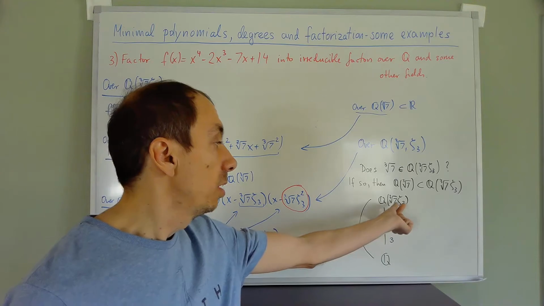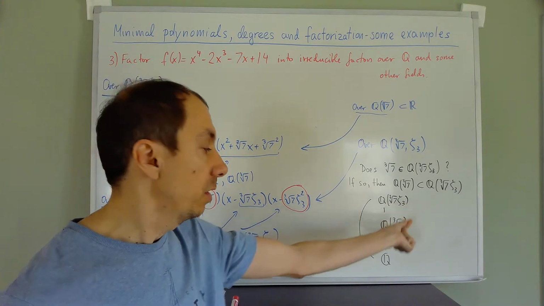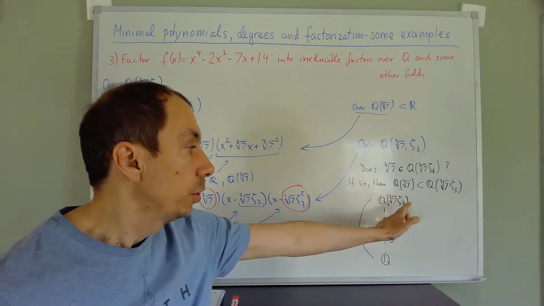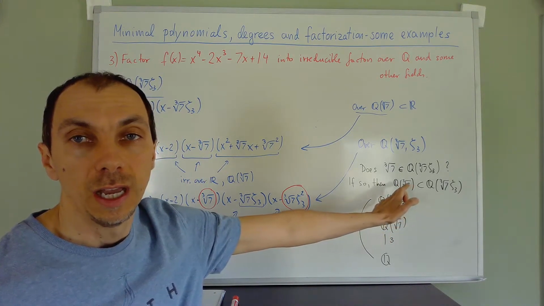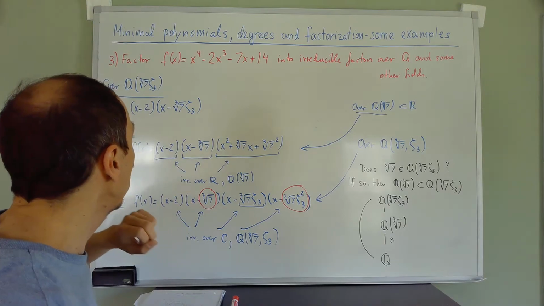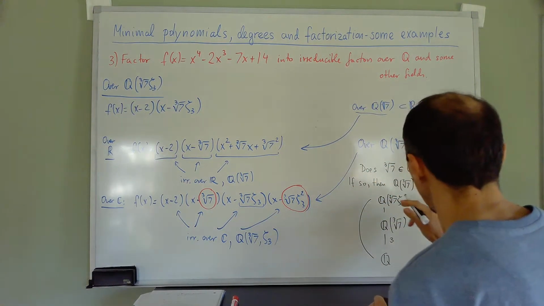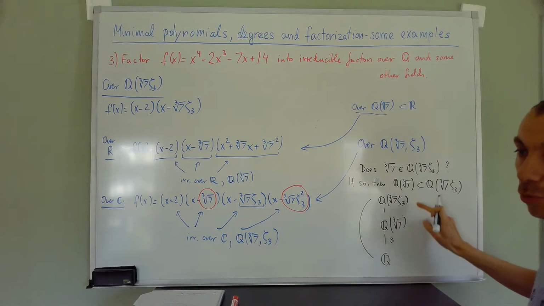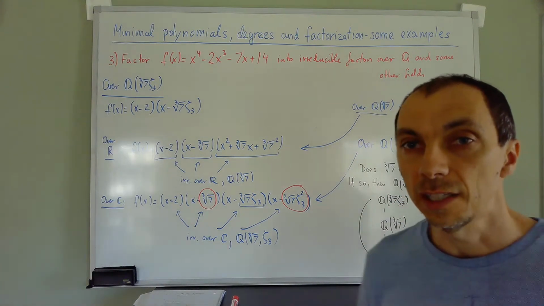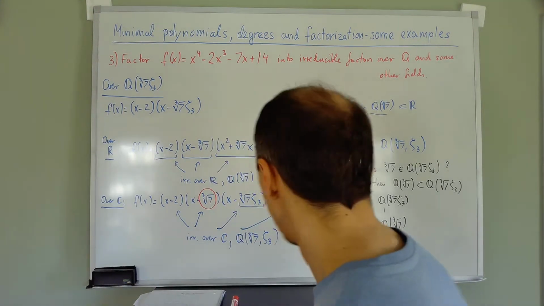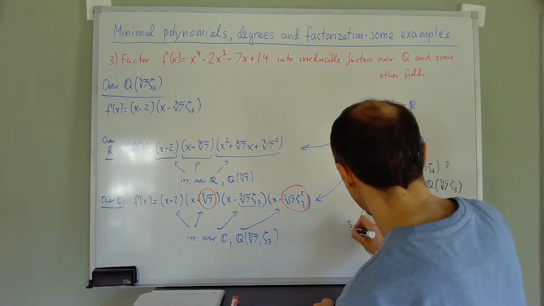Well, I would need to know what's the minimal polynomial of this complex number over Q. But I know a polynomial that has this as a root and has coefficients in Q. That's namely x cubed minus 7. Right? This thing is also a root of x cubed minus 7. And x cubed minus 7 is irreducible over Q.